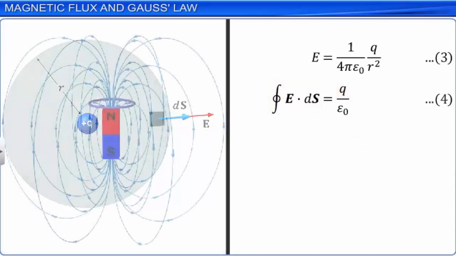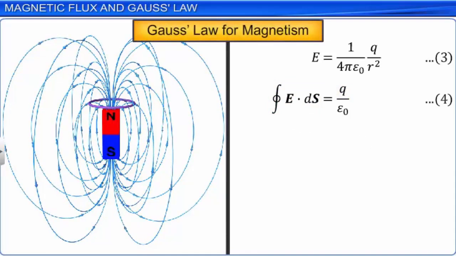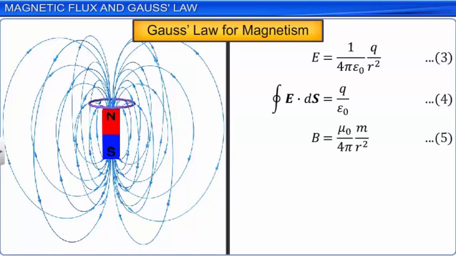Similarly, Gauss law for magnetism can be derived from the definition of magnetic field strength. We know that the magnetic field strength B is equal to mu naught by 4 pi into m by r square. Let this be equation 5. By observing the Gauss law for electrostatics, we can write Gauss law for magnetism as integral over a closed surface B dot ds is equal to mu naught times the net pole strength enclosed by the closed surface.